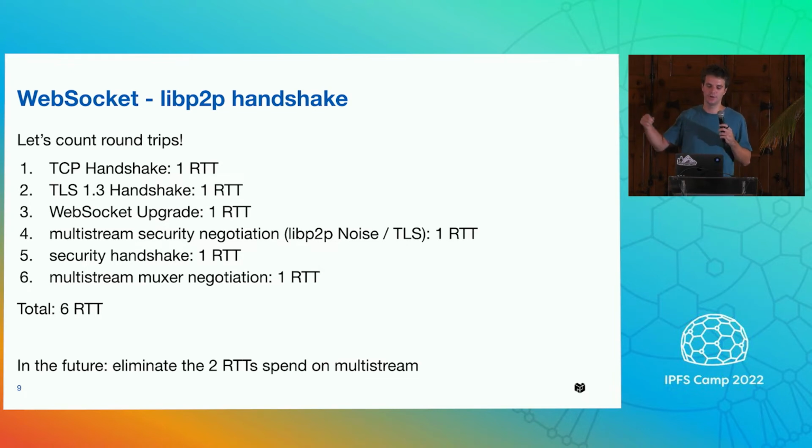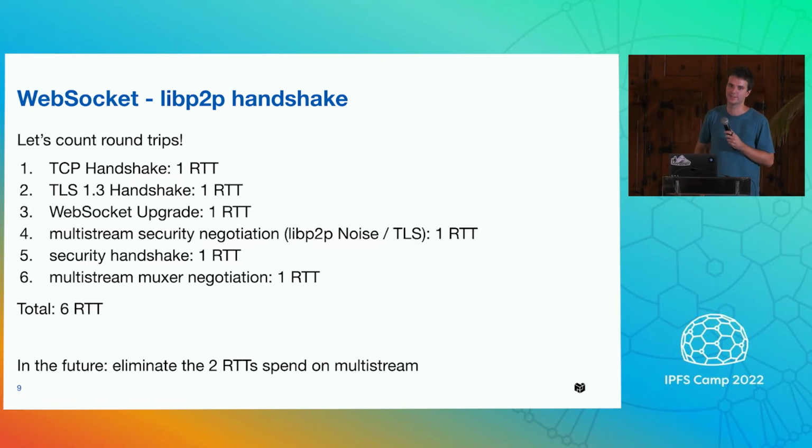Then we are in libp2p land, then we do a multistream negotiation of our security protocol, where we negotiate noise. Another round trip, then we do the noise handshake, another round trip, and then we negotiate the stream multiplexer, yet another round trip. So we end up with six round trips.